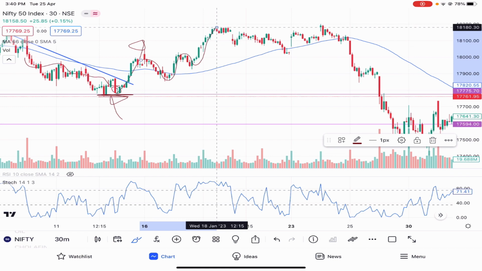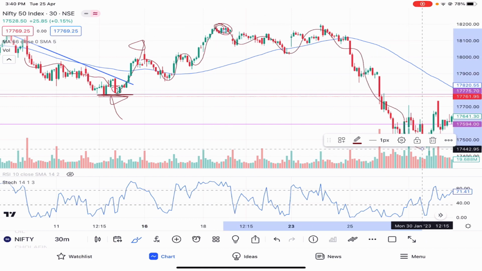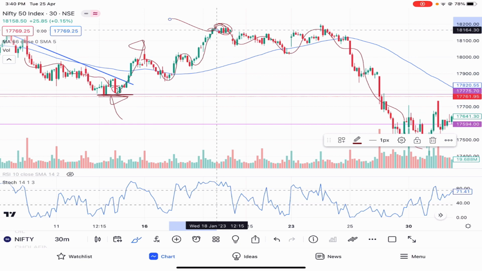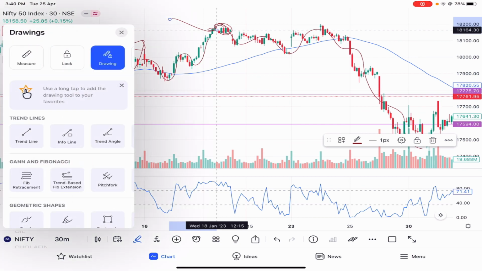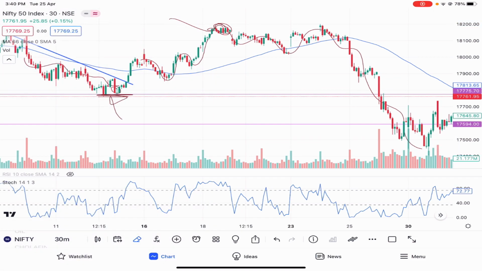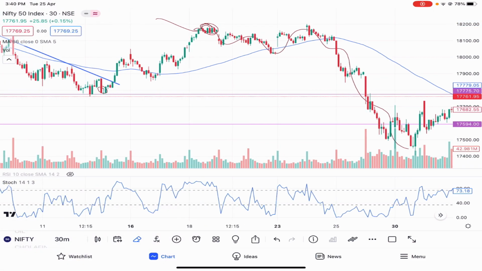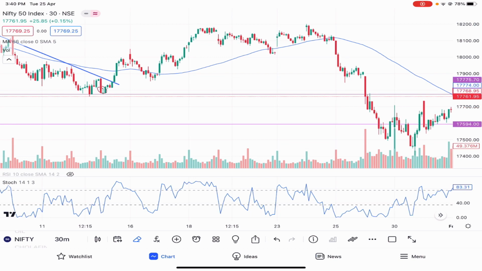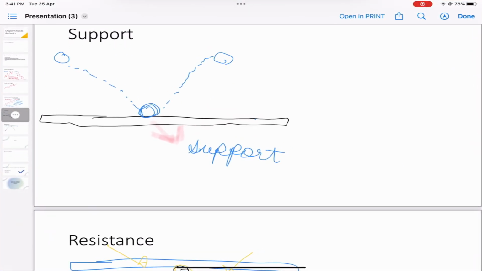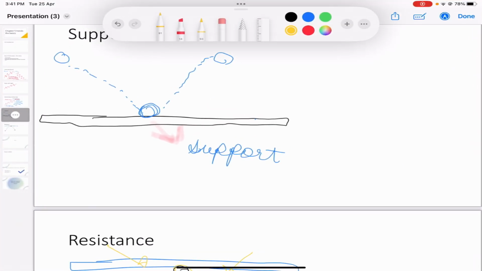This is the price went up, took resistance over here and came back down. So this is my resistance zone, resistance point, or my reversal point. So that is how you identify your reversal points and your support points.